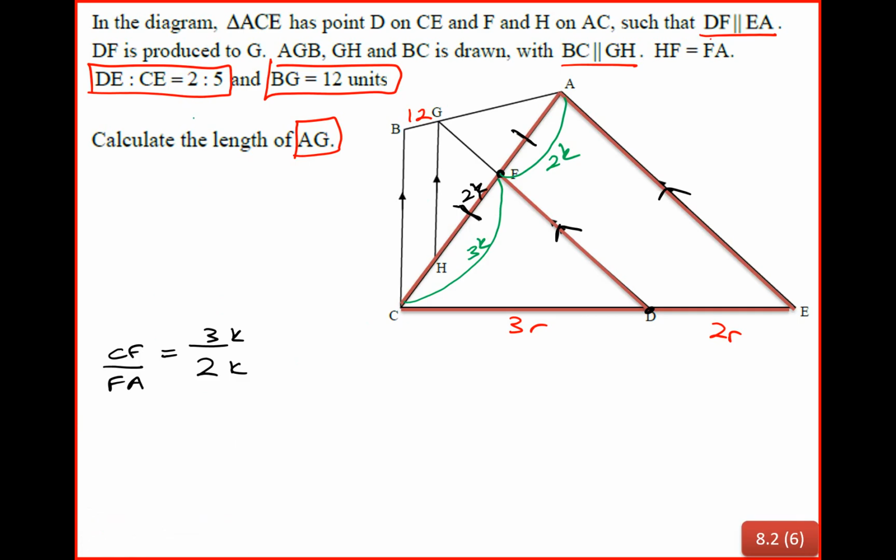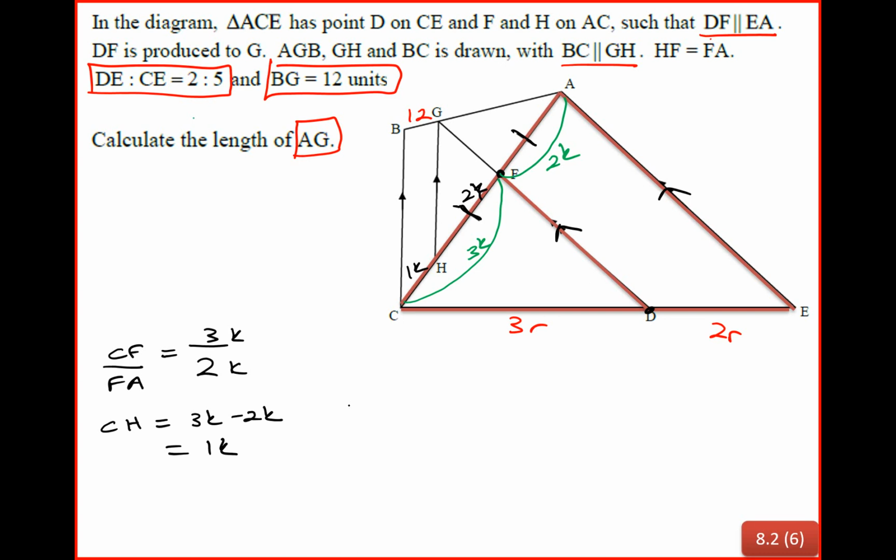So our conclusion is that CH has to now be 1K because CF is 3K. So we can write that down, that CH was actually equal to, we're going to take 3K minus 2K, which is actually equal to 1K.